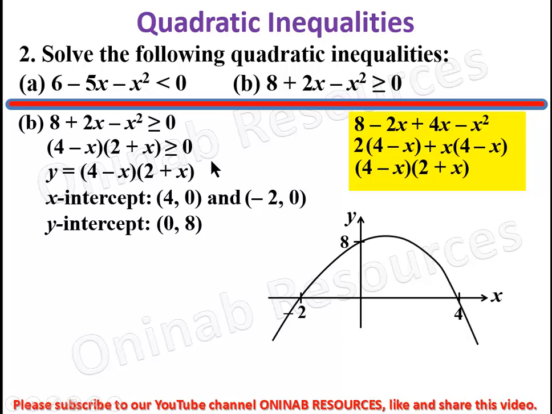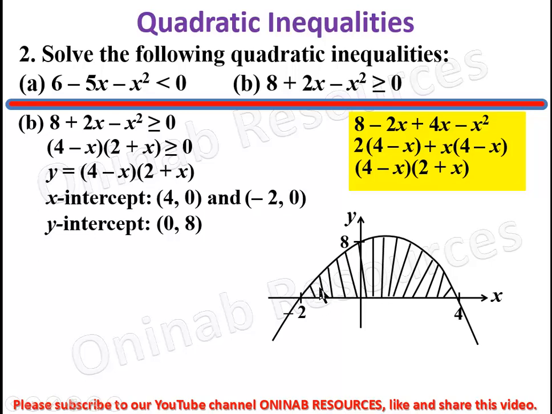Now we go back to the inequality, greater than or equal to 0. We are interested in the upper part of the x-axis. So we shade from the x-axis upward to touch the curve.